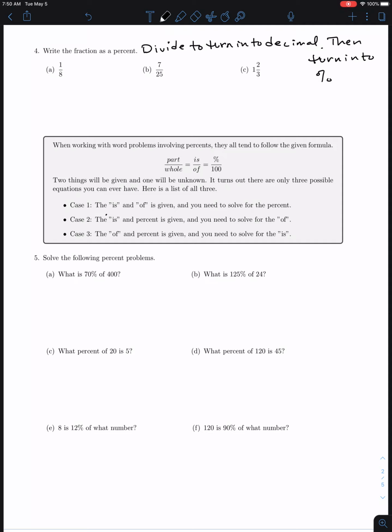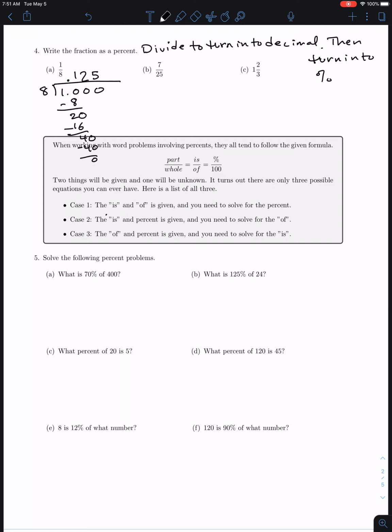So let's first divide 1 over 8. We get 8 on the outside, 1 on the inside. 8 goes into 1 or 10 one time. Bring down our 0. 8 goes into 20 2 times. Then bring our 4 down, bring our 0 down, and 8 goes into 40 5 times.